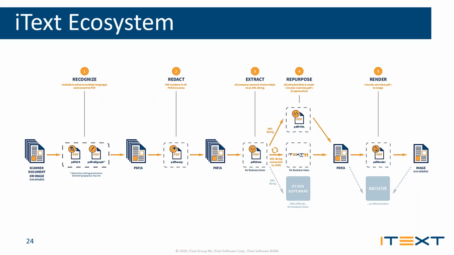If you may remember this diagram, we have indeed PDFOCR here. And then if we fast forward to PDF2Data, PDF2Data will be able to extract information that would otherwise be unavailable because it was only on an image. So for sure, PDFOCR and PDF2Data are a match made in heaven.